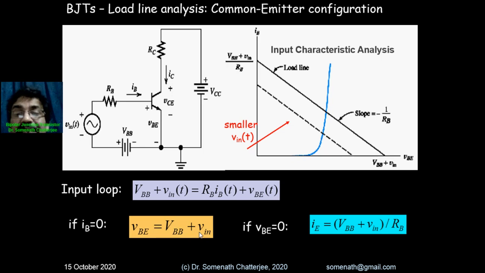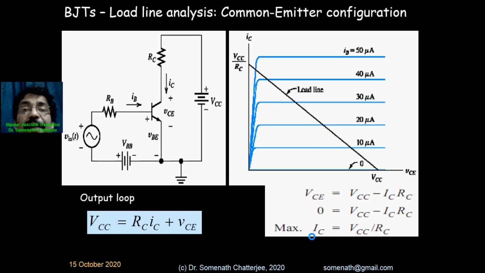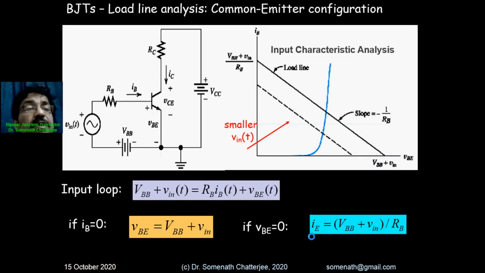So if VBE is 0, that means base to emitter is 0, then what we will get, sorry, the base current IB is equal to VBB plus Vin by RB. So it is IB, the base current. We can get it from here. So this is the kind of analysis in the input characteristics part, that means this part.